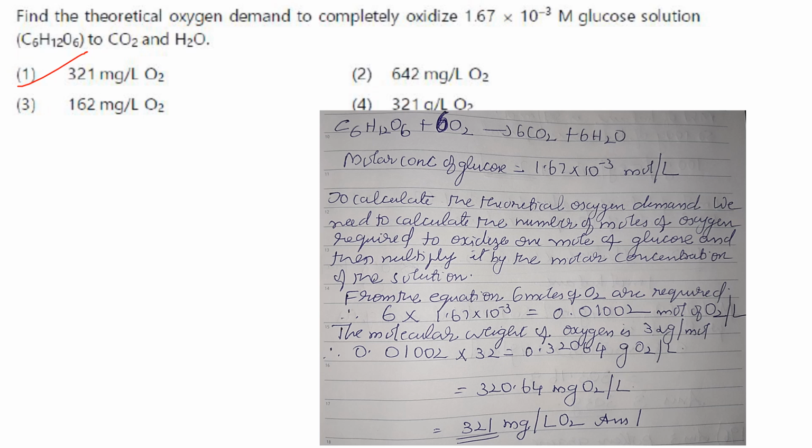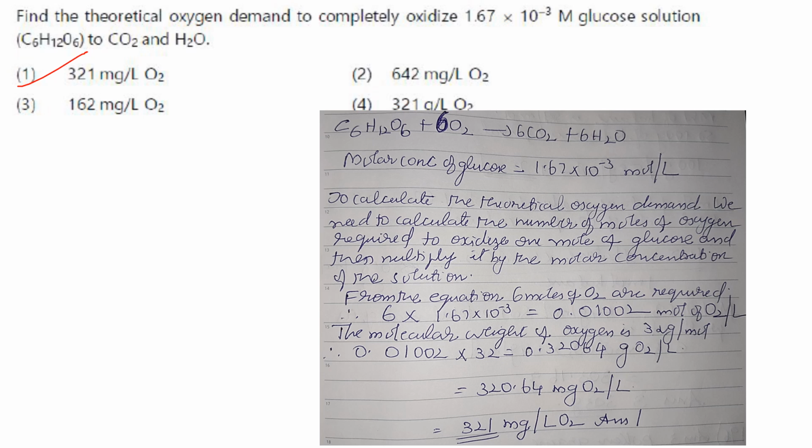So here the number of moles of oxygen required to oxidize 1 mole of glucose is 6. And the molar concentration of glucose is 1.67 × 10^-3. Multiply both of them, you will get 0.01002 moles of oxygen per liter. Now we know the molecular weight of oxygen is 32 grams per mole.